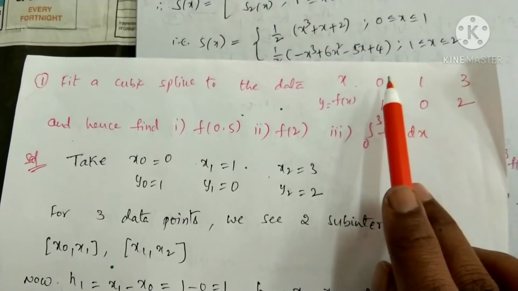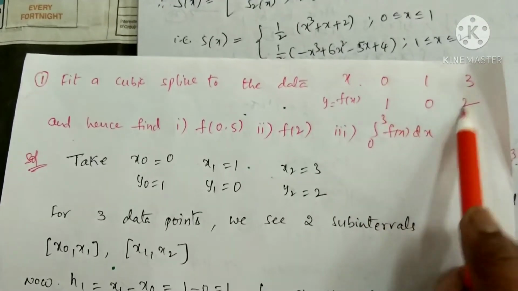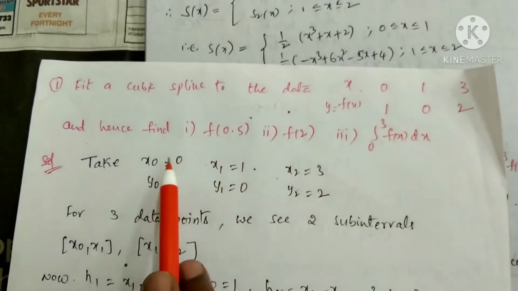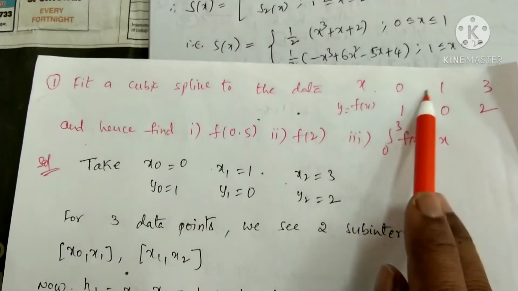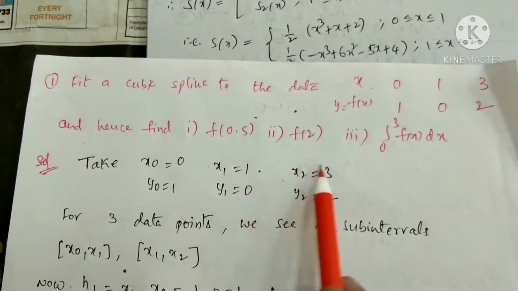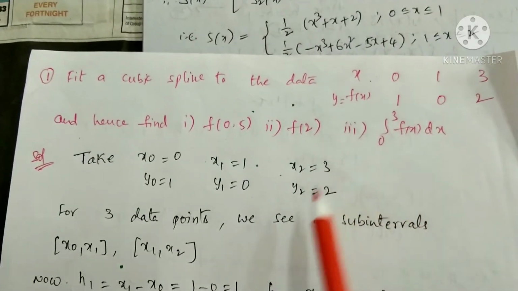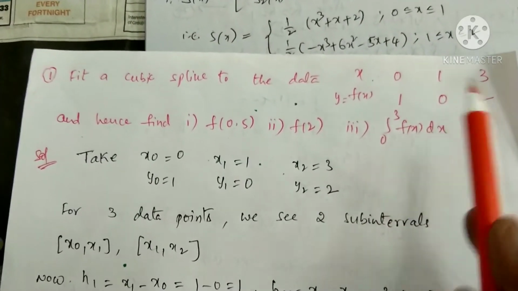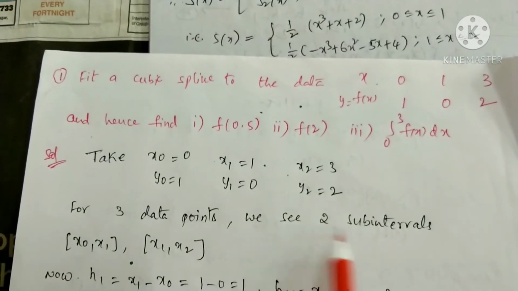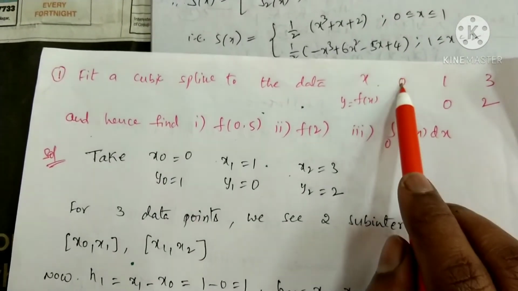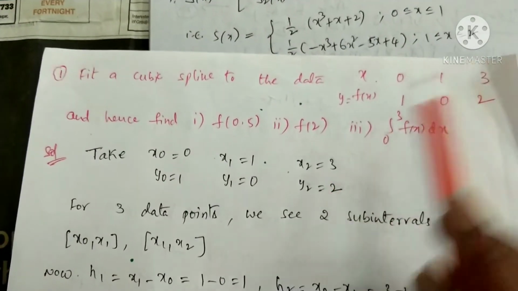Here we have from x0 y0 to x2 y2. We are just taking the values as x0 is 0, y0 is 1, x1 is 1, y1 is 0, x2 is 3, y2 is 2. It is very clear there are 3 data points. For these 3 data points, you can see 2 subintervals, x0 to x1, x1 to x2.